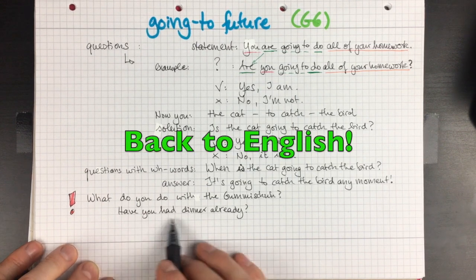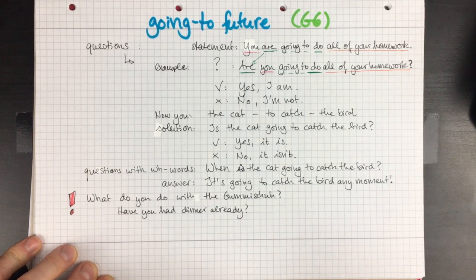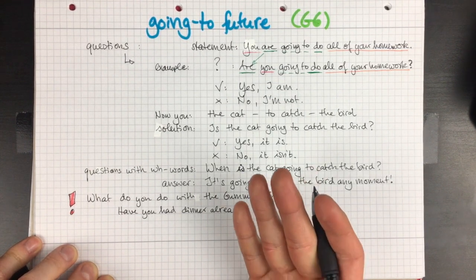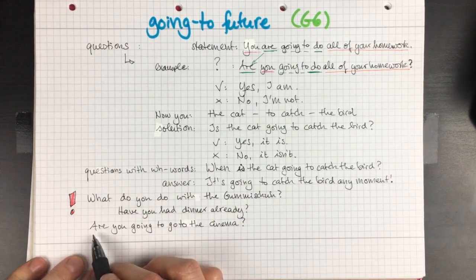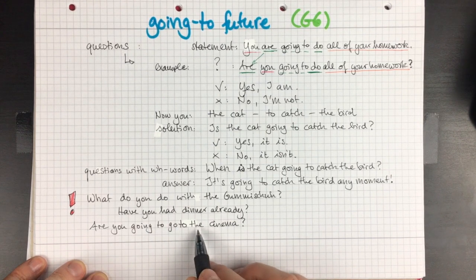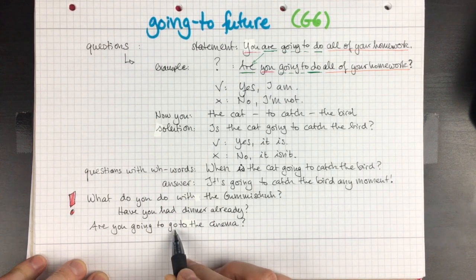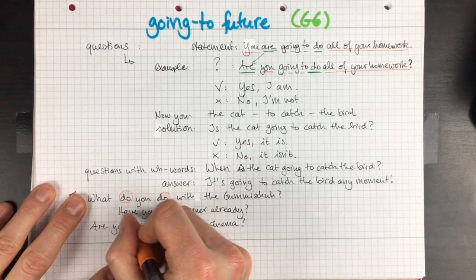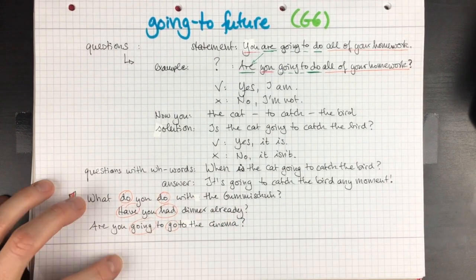So this is easier because it's the same, and then with the going to future you also have to use go two times if you want to ask about go. For example, are you going to go to the cinema? You have two times go. Okay, so this is just the future, and this is the verb. You have do, have had, and going and go.